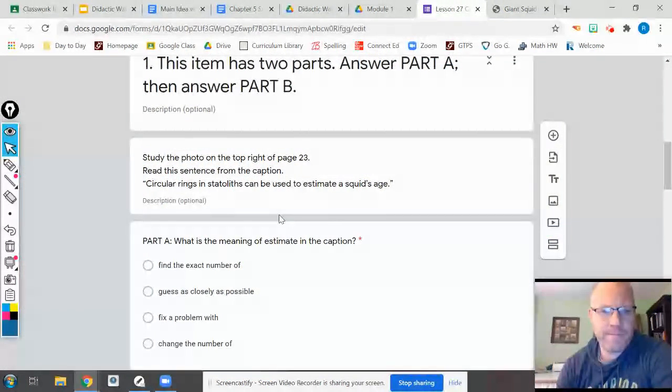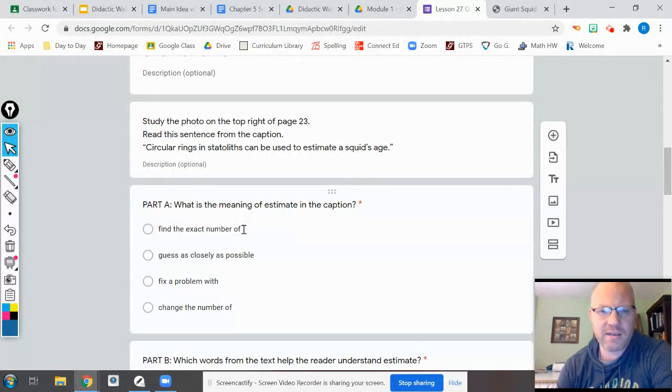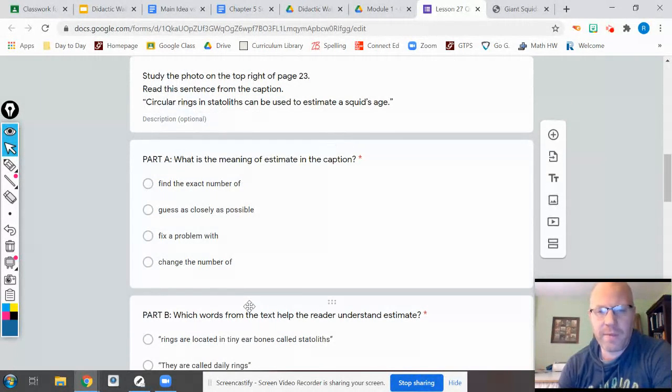Now the question is, what is the meaning of estimate in the caption? To find the exact number of, to guess as closely as possible, fix a problem with, and change a number of. So think about when we estimate in math, what does it mean to estimate the age of the squid when looking at the circular rings of the statolith?